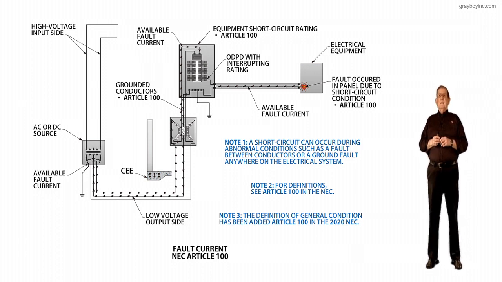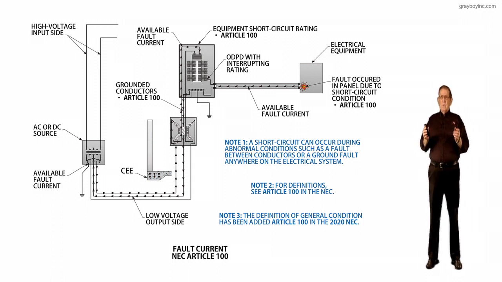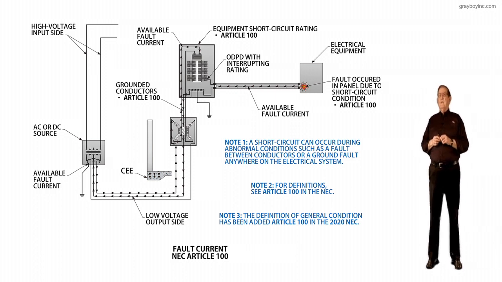Now, next I would like to view the notes, and note 1 kind of explains what really took place here when you review the notes in detail. A short circuit can occur during abnormal conditions such as a fault between conductors or a ground fault anywhere on the electrical system.